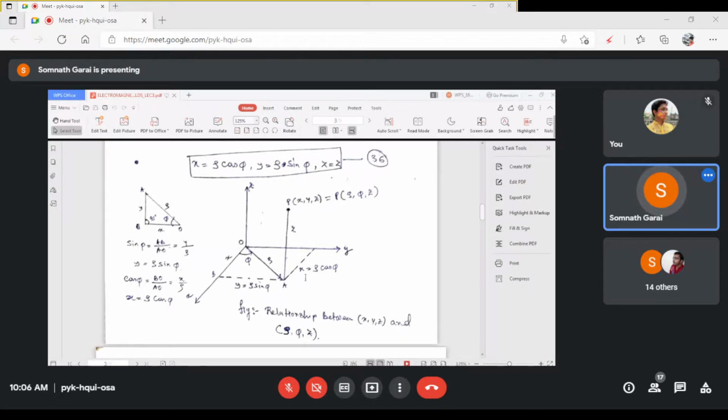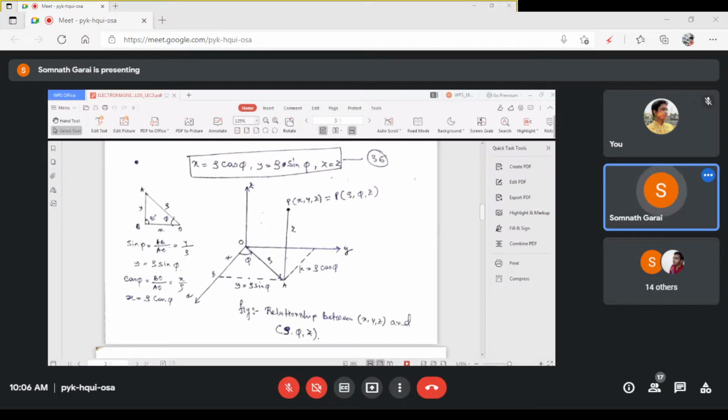The value of AB is Y and the value of AO is rho. So Y is equal to rho sine phi. That is the relationship between Cartesian coordinate Y and the cylindrical coordinates.